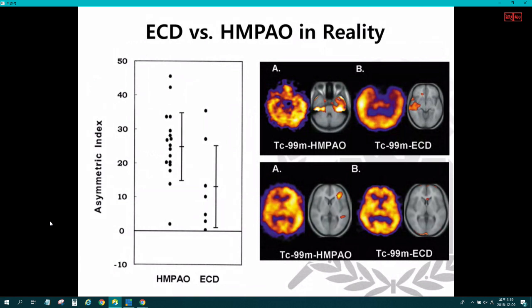However, interestingly, there is a kind of randomized control study for those 3 months. In the case of HMPAO, the asymmetry was higher. The epileptogenic zone took up a large amount of HMPAO compared to ECD.